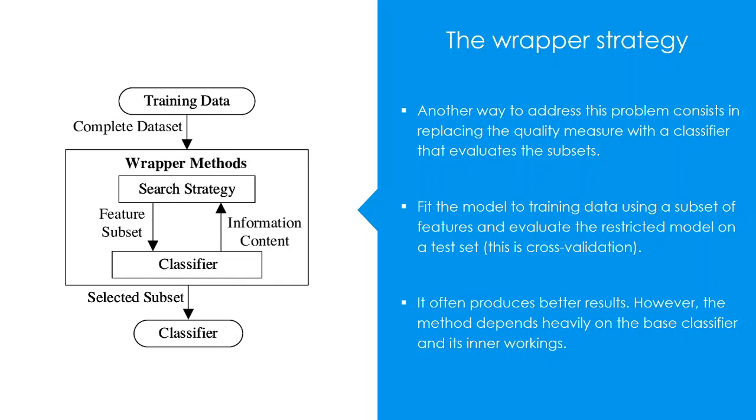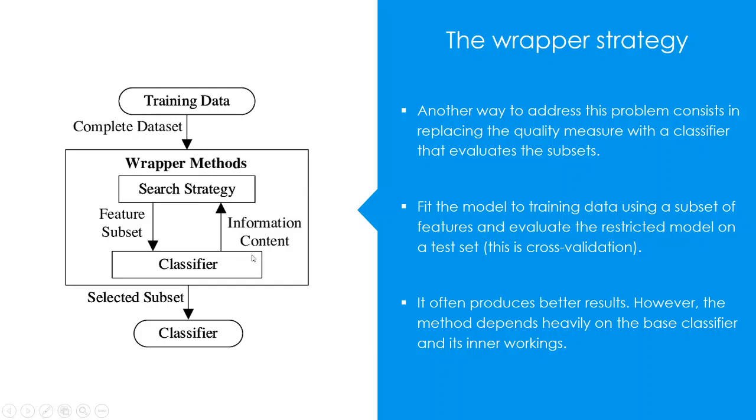So here it can be more flexible, okay? Of course, this strategy often produces better results. And the drawback here is that the whole model depends on the classifier. So the features we are going to select are the ones that the inner classifier feels comfortable with, okay?